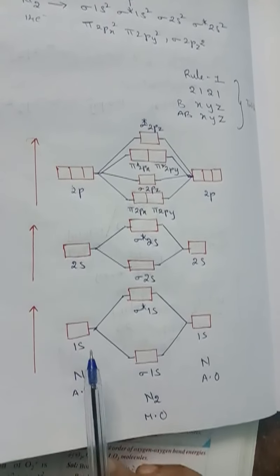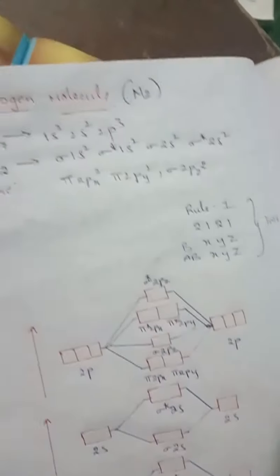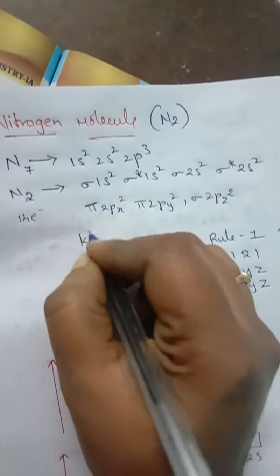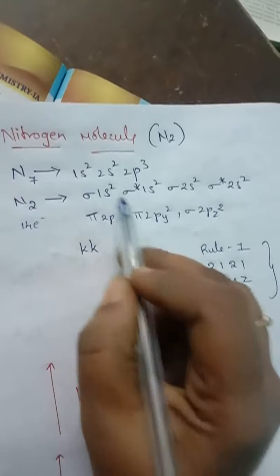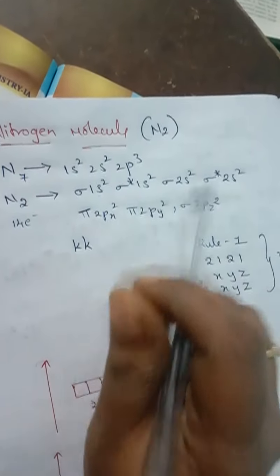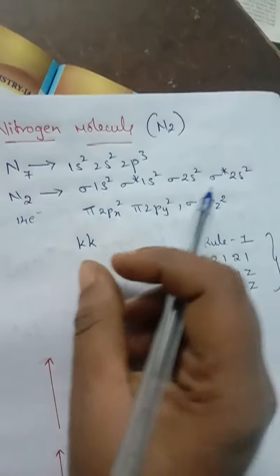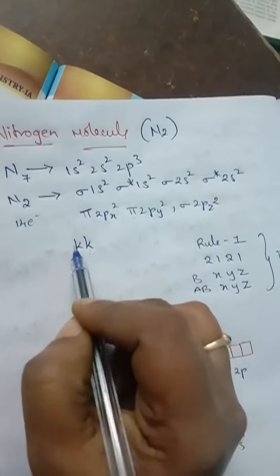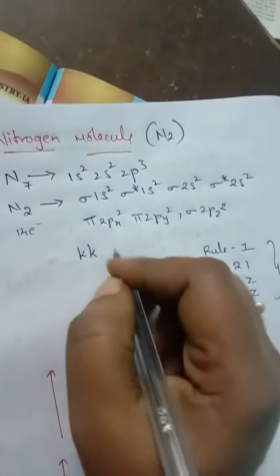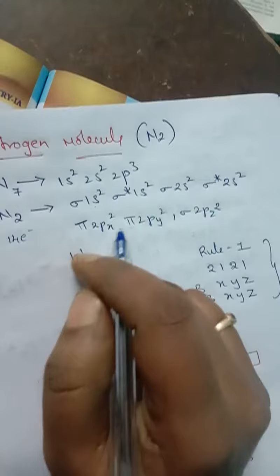So we have to arrange the electrons in atomic orbitals as well as in molecular orbitals for nitrogen. For 1s, you can write simply KK. Sigma 1s2, sigma star 1s2 we have written now. For the first orbital, that is the K shell, we can write KK. KK means 2 electrons are completed.